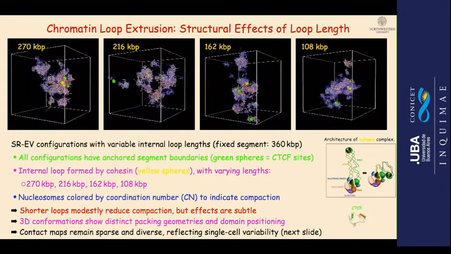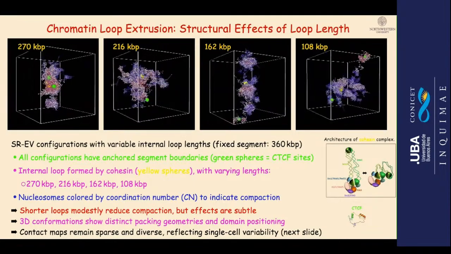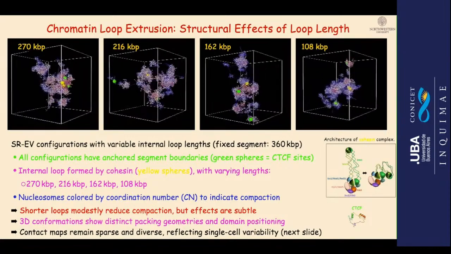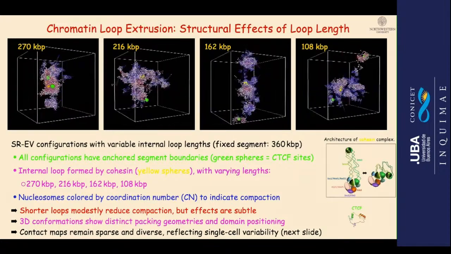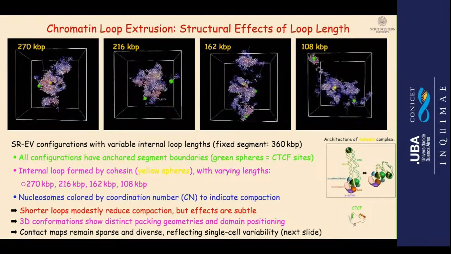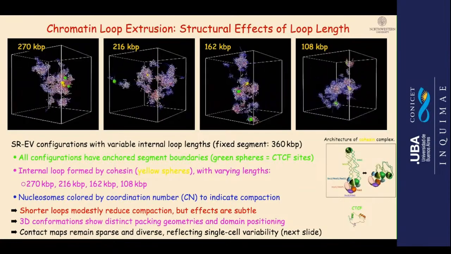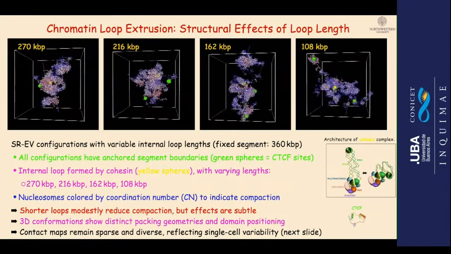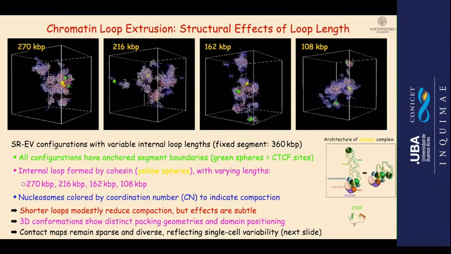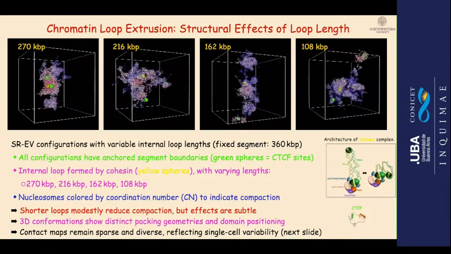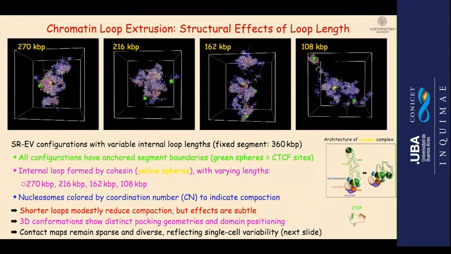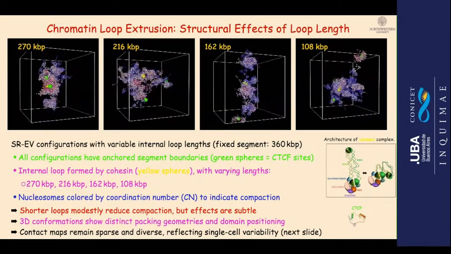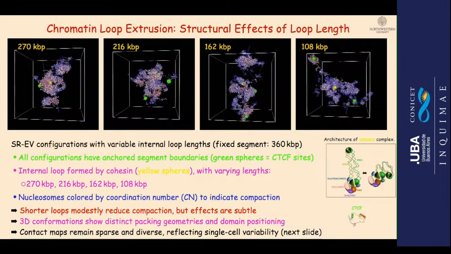The videos illustrate that shorter loops do not necessarily impose stronger constraints. The global folding remains flexible and heterogeneous, even under loop extrusion conditions.